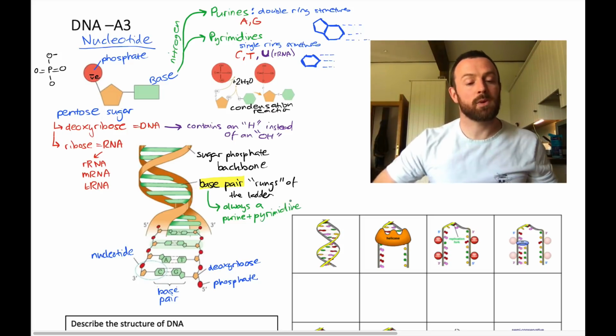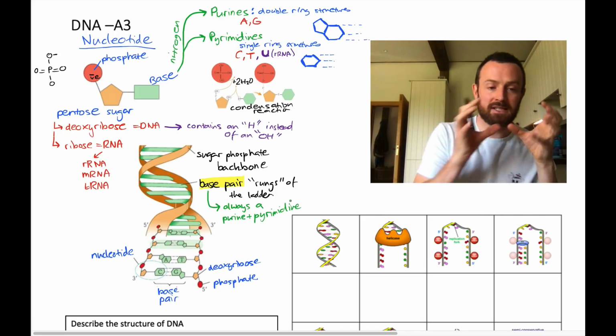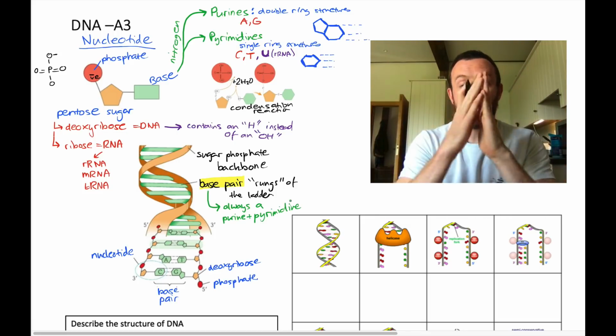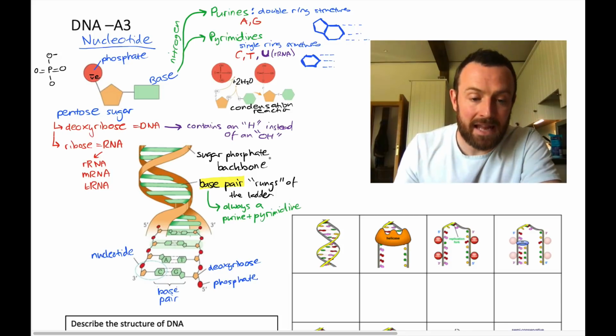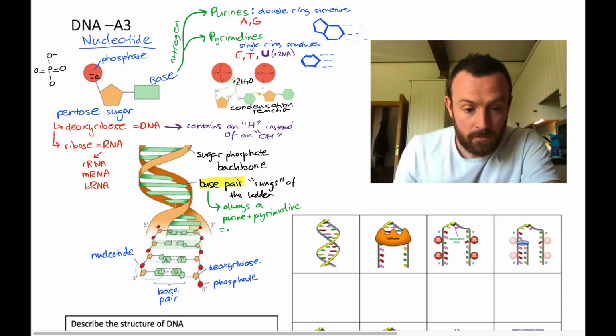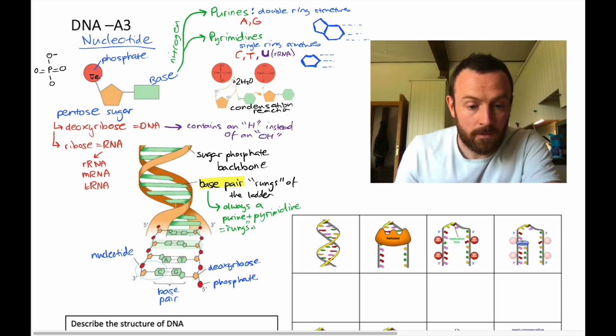That is because we always have a double ring structure paired with a single ring structure, so that the rungs of the ladder are always the same length.